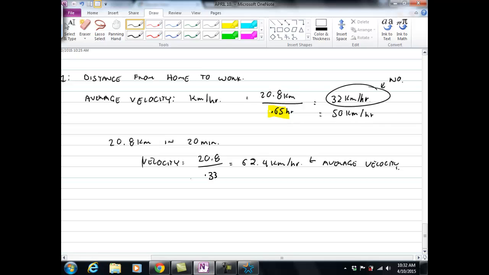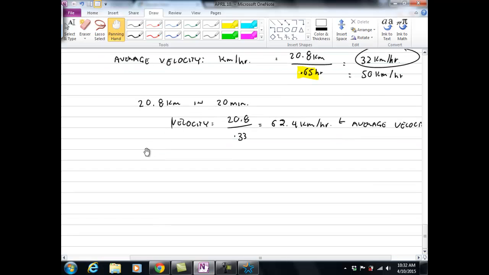So this is average velocity, but according to the mean value theorem, this is continuous. There is a point somewhere.